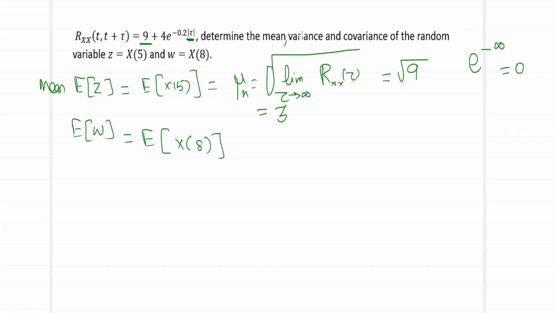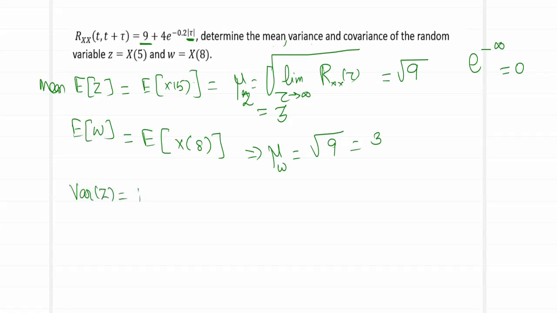This tau, when I allow it to tend to infinity, will give my mu z. Again, mu for W will also be the same, square root of 9. Hence, it will be equal to plus or minus 3. Now, moving on to variance of Z.